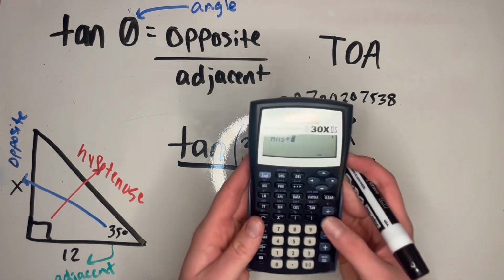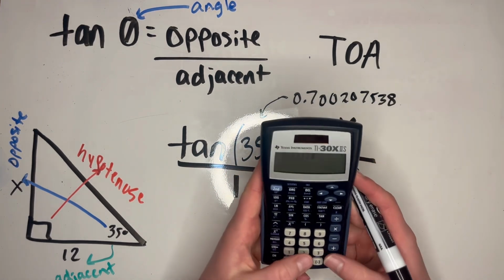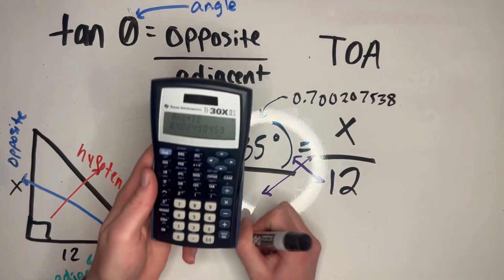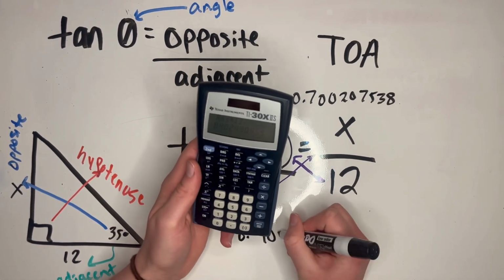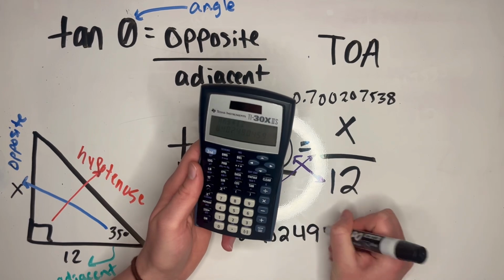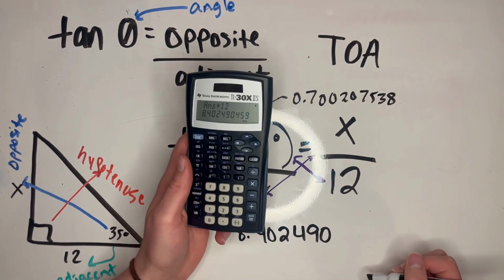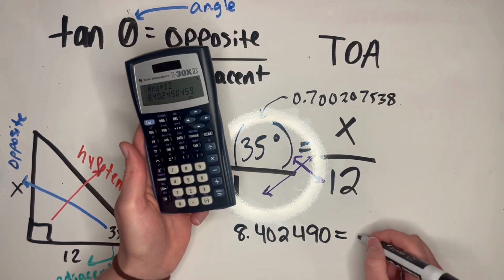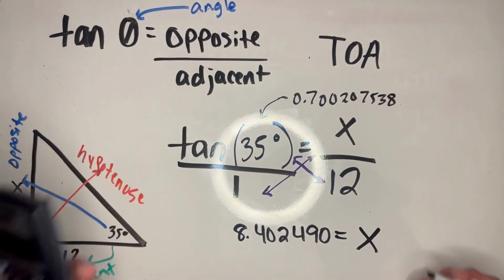And then I'm going to multiply it by 12, because we're cross multiplying here. So I get 8.40249. I'm just going to leave it at that. Equals x, because 1 times x is just x.